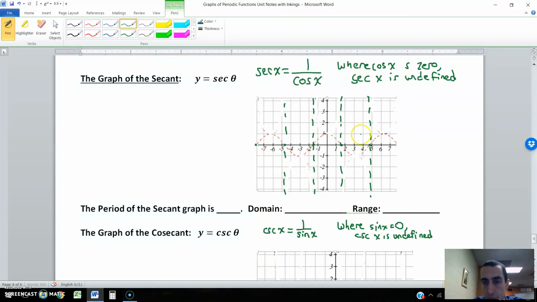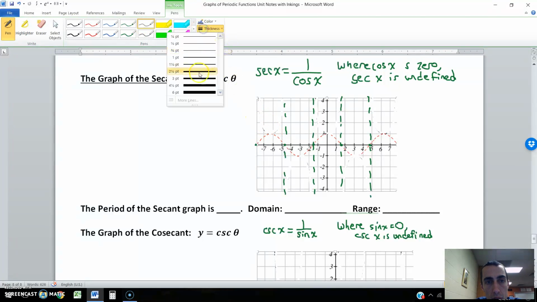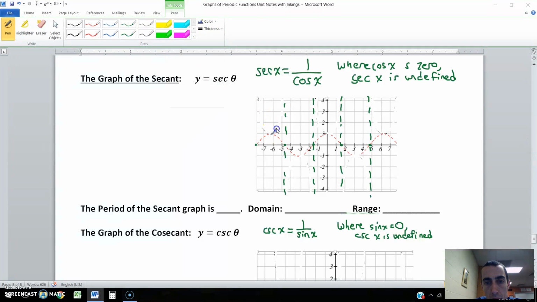Then what we've got is curves, which look kind of like parabolas, which constitute the actual graph of secant. So I'm going to do them in gray. Make it a little thicker for us to see. So we've got basically U-shaped graphs that jump off the tops and the bottoms of the cosine graph.